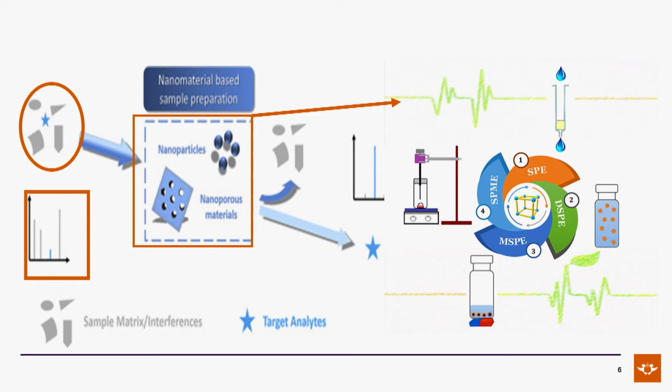Now, how do you design this? The good thing about nanomaterials is that you can design them to fit the purpose yourself. For instance, if you want it to be specific to a certain analyte, you will make sure that it has functional groups that respond to that.